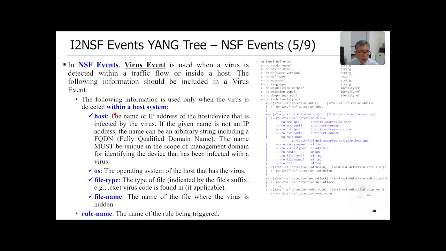And within the host system, for the virus event case, the host is the name or IP address of the host device that is impacted by the virus, such as FQDN, DNS name, and operating system, file type, and file name, and rule name, the name of a rule being triggered.